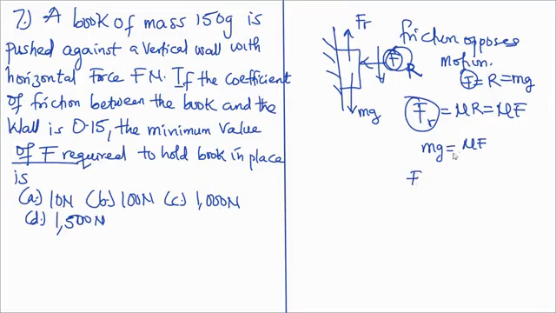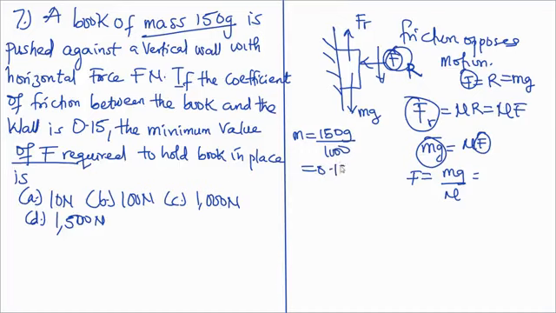So this is the formula we're using. mg is equal to mu F. We are looking for F, so F will be equal to mg over mu. Now what's our m? Our m is 150 gram. We need to convert that to kilogram by dividing by 1000.